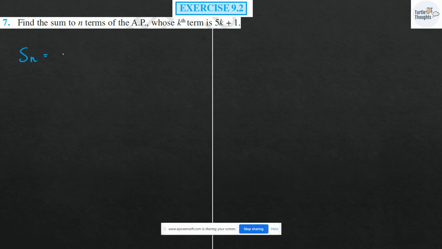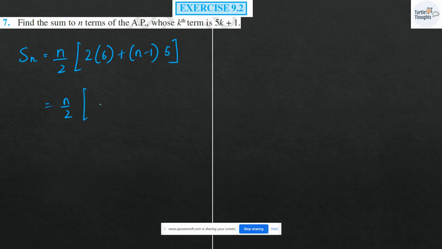So Sn will be equal to n divided by 2 multiplied by (2 into 6 plus (n minus 1) into d), where d was 5. This will be equal to n by 2 times (2 into 6, which is 12, plus 5 into n, which is 5n, plus 5 into minus 1, which is minus 5). 12 minus 5 is 7.